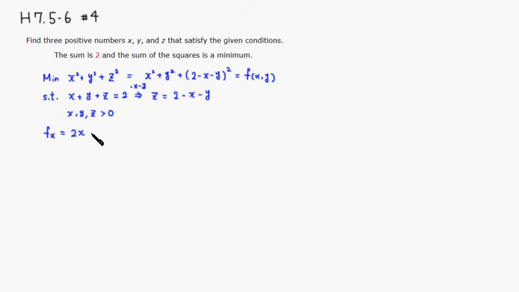For the partial of that last part, put the power in front, keep the same quantity, 2 minus x minus y, subtract 1 from the power so it's the first power, and then multiply by the partial of the inside with respect to x, which is negative 1. It looks like 2 is in common, so I'll pull that out.